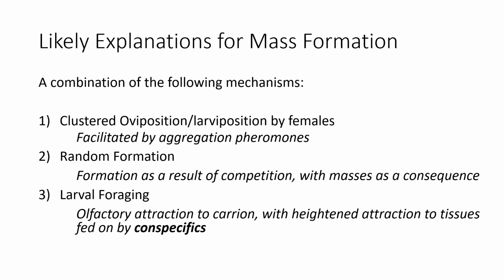And the idea is that there is a chemical attraction to the carcass, right? We know that from a female. But the idea is also that when you have species or individuals of the same species, there's going to be a heightened attraction, and this ends up extending into the larvae, where the larvae are going to be more attracted to locations where other conspecifics or individuals of the same species are.